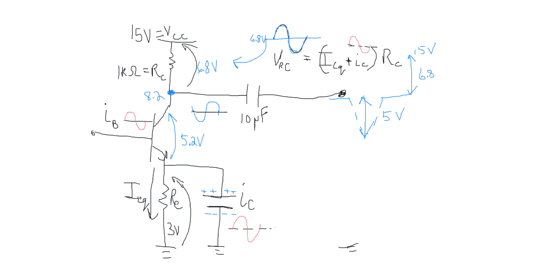So please notice my rise and my fall at the oscilloscope end here is going to seem like it's 5 down and 6.8 up. This capacitor won't let the oscilloscope see the average 8.2 volts.